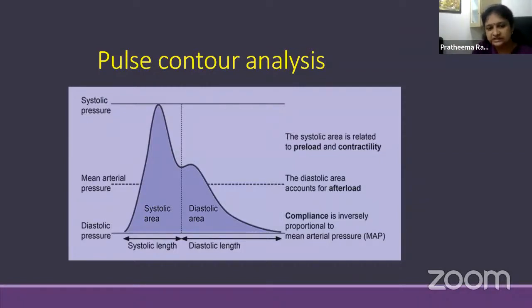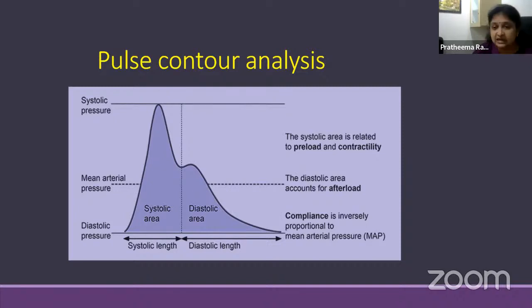There is a systolic pressure, a dicrotic notch, and a diastolic pressure. This is how a pulse looks. This is the systolic area, where the whole systolic pressure acts and the systole ends. The systolic area is related to the preload and the contractility.